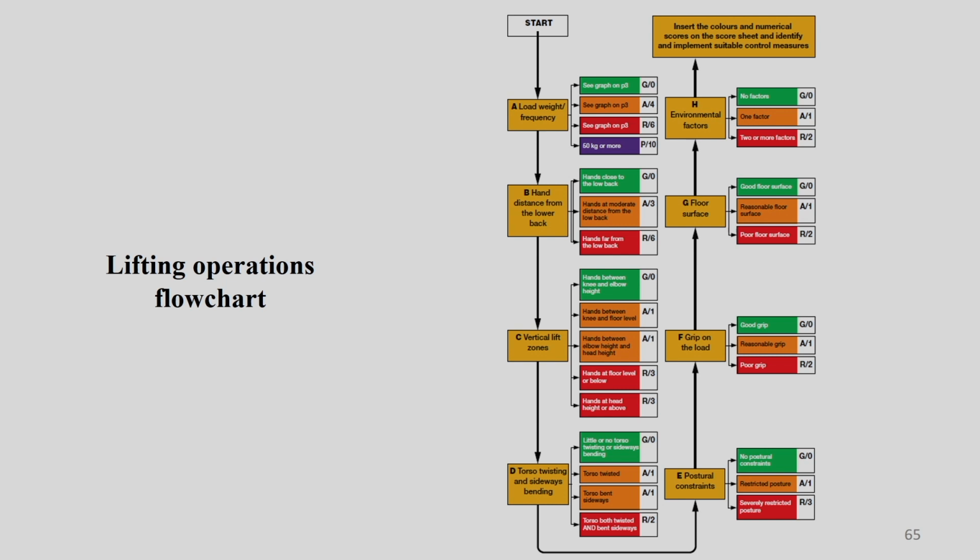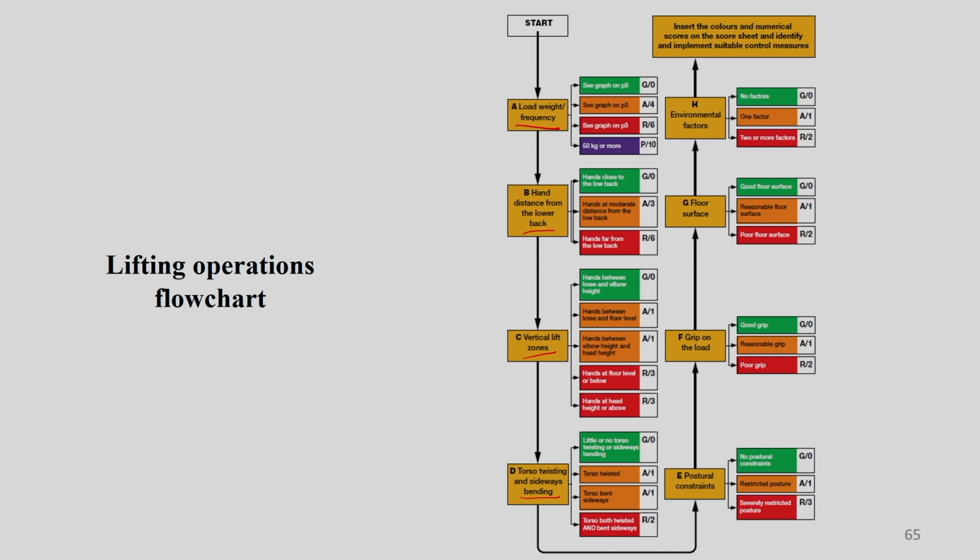So A, B, C, D, E, F, G, H. These are the alphabetic representation: load and weight, then frequency is A, hand distance from the lower back is B, vertical lift zone is C, and torso twisting and sideway bending, which we did in RULA, REBA and all, right?